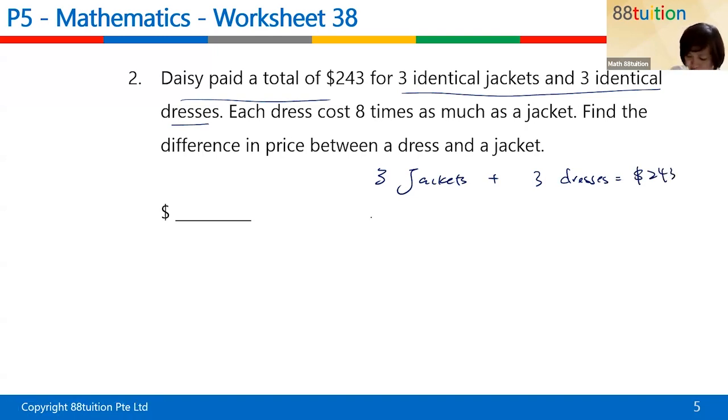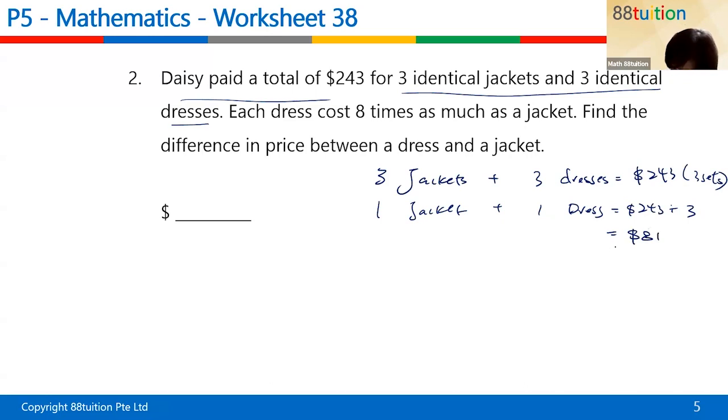Okay, so I'm going to put it as 1 jacket, maybe 1 dress. We call this 3 sets, right? For 3 sets, I want to find 1 set. That is divided by 3. That gives me $81 for 1 set. 1 set means 1 jacket and 1 dress.